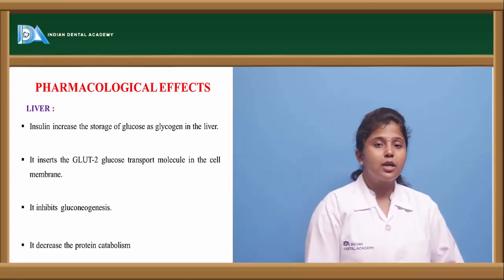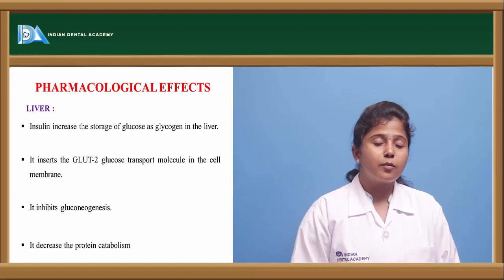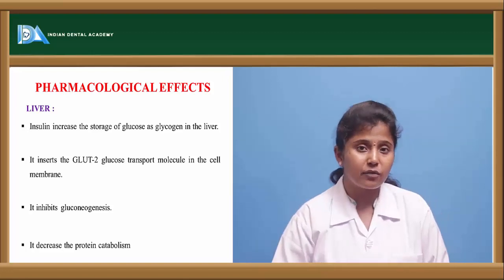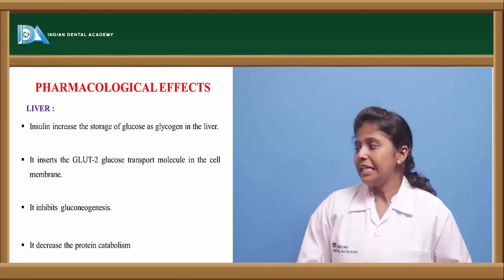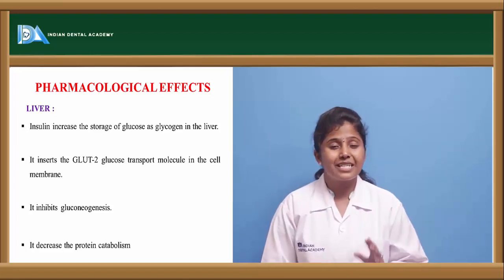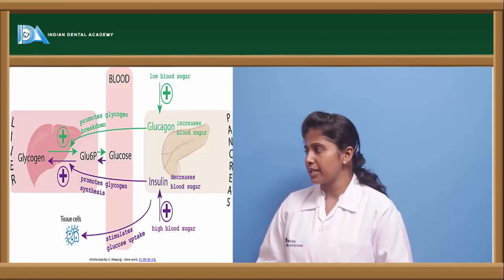It inhibits gluconeogenesis, that is the formation of glucose from proteins and fatty acids apart from carbohydrates, and it decreases protein catabolism, preventing the breakdown of proteins into amino acids.